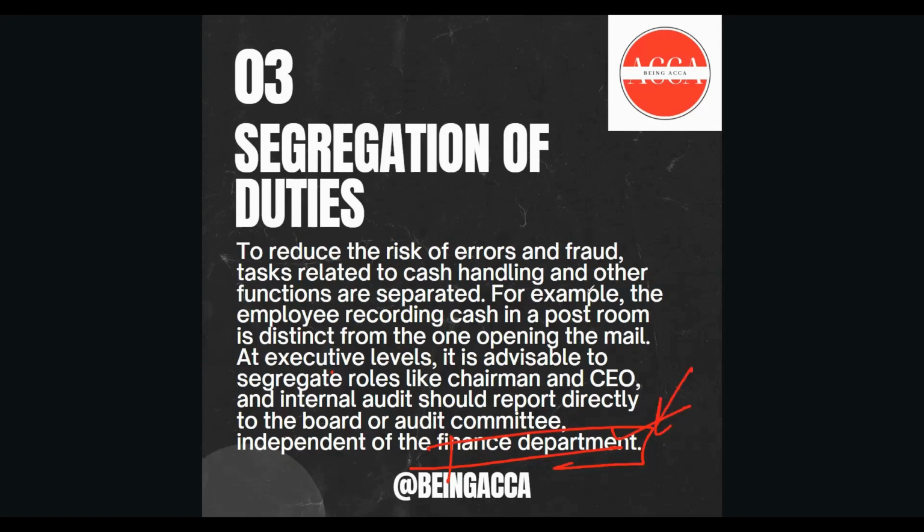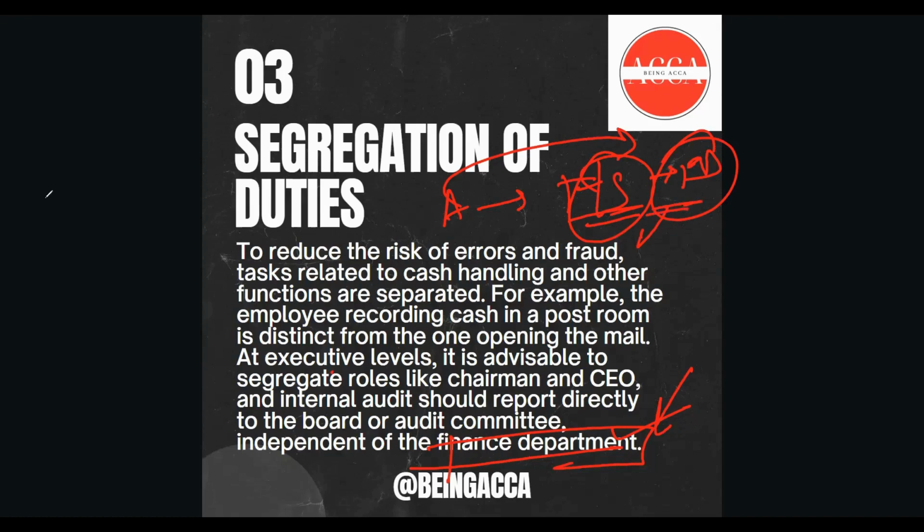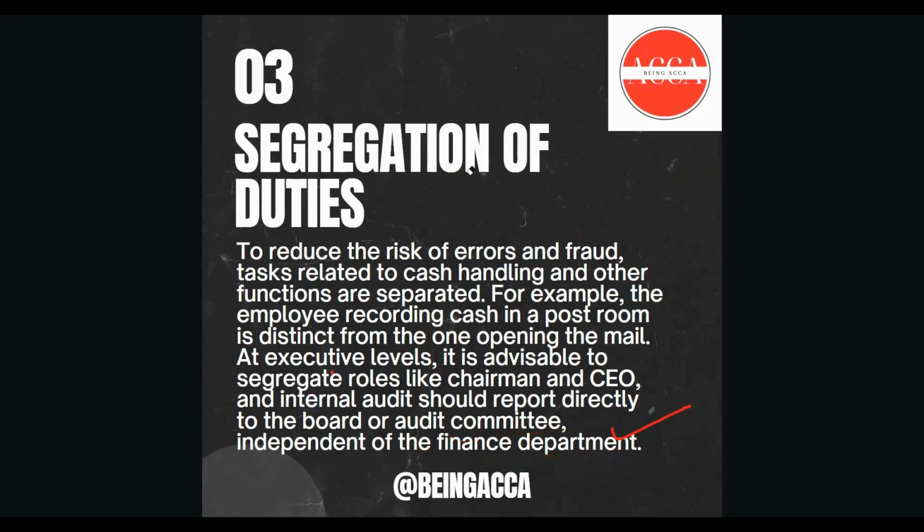What does the auditor do? Auditors check the financial statements, and financial statements are prepared by the finance department, right? So if I am reporting it to the finance department, they'll say, okay, theek hai, we did it, there's no error, there are no mistakes, because obviously they will be hesitant in finding out their own mistakes or their own errors, right? I hope I was able to make this point very clear using very simple examples.